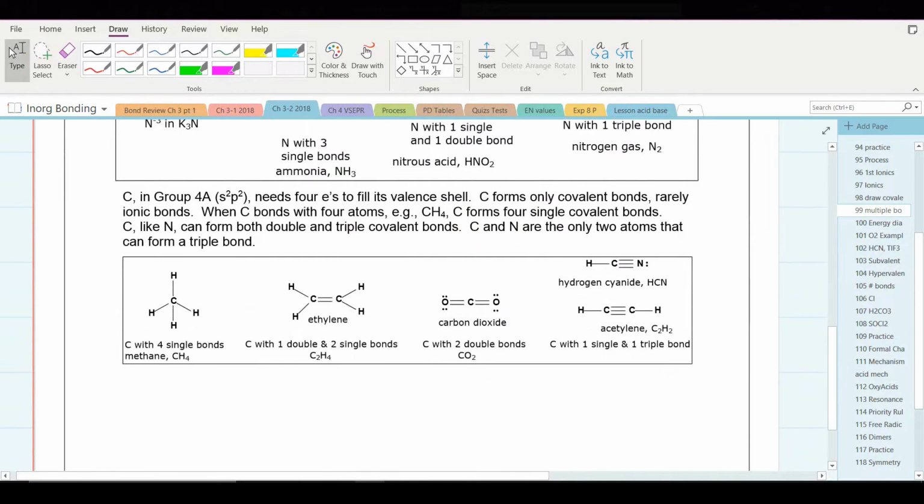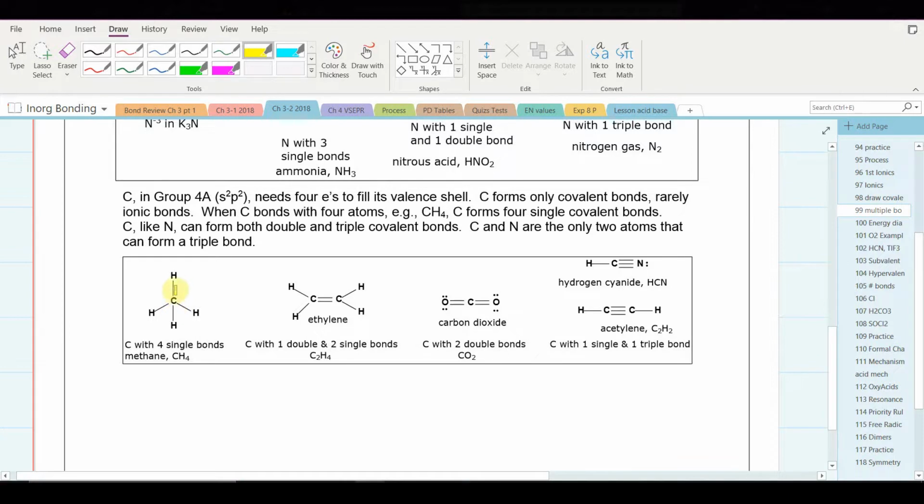What about carbon? Well, carbon wants to form 4 bonds to fill its valence shell. It's not metallic enough that it would ever lose electrons, nor is it non-metallic enough that it could ever take electrons, so generally it forms covalent bonds almost exclusively.